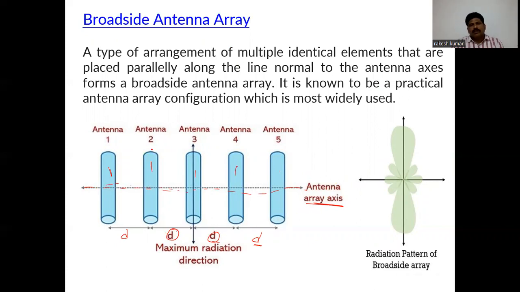The type of arrangement of multiple identical antennas that are placed parallel along the line, or to the antenna axis, is known as the broadside array. This is the most generally used, practical configuration, along with the end-fire array.